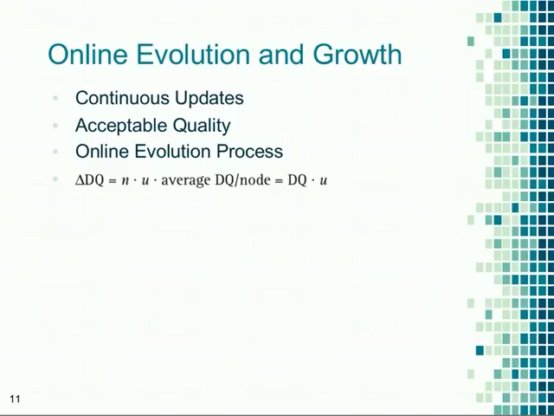So we have the change of DQ is equal to the nodes times the amount of time per node times the average DQ value per node, and that equals the DQ value times the amount of time per node. So this breaks down to the loss DQ value is the total DQ value times the upgrade time per node.